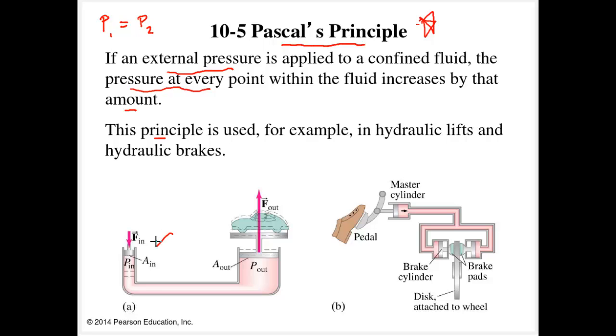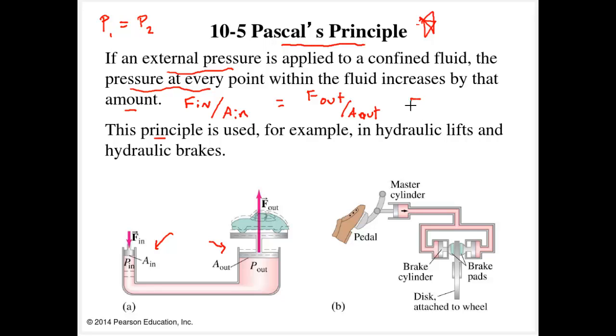Taking a look at this hydraulic lift setup right here, in terms of forces, the pressure on one side, the force on the input side divided by its area, must be equal to the pressure on the other side. So the force out divided by the area on the outbound side.